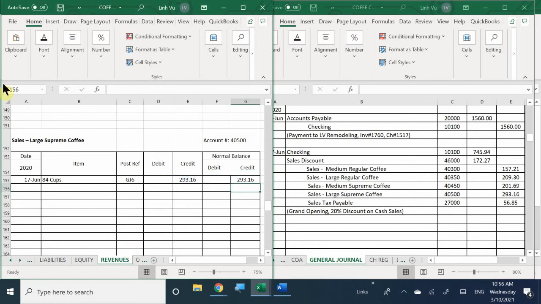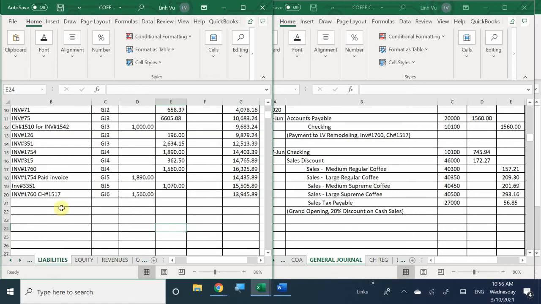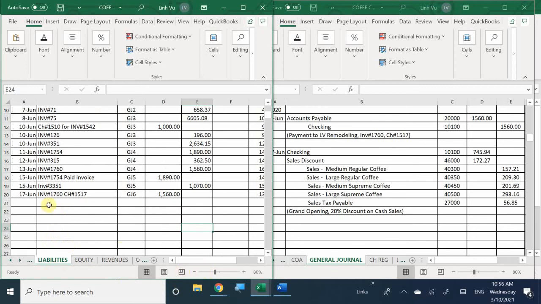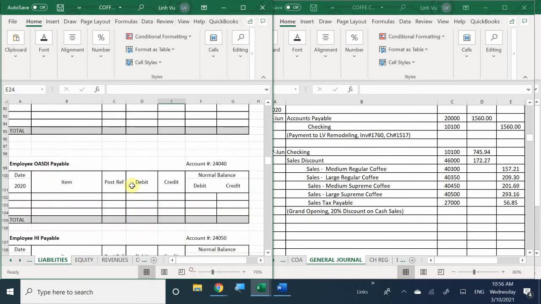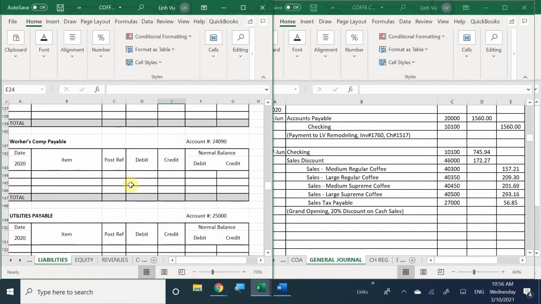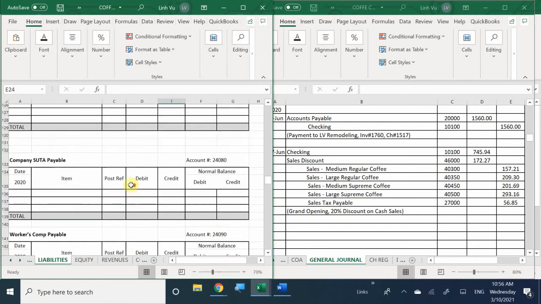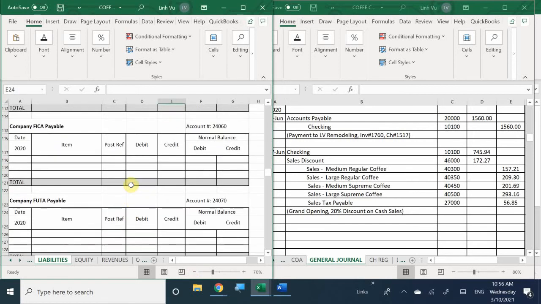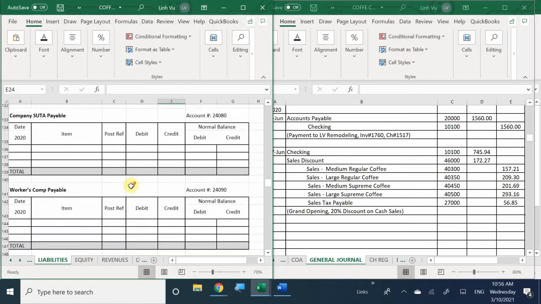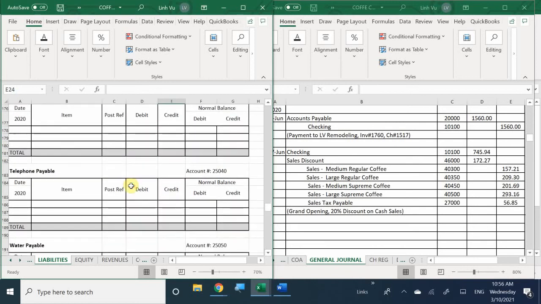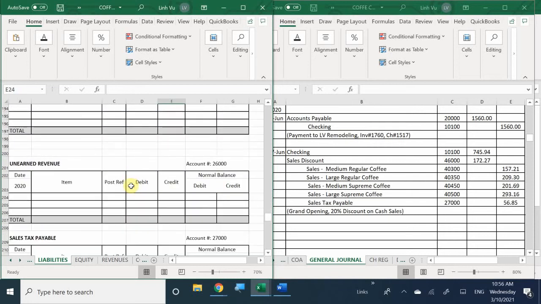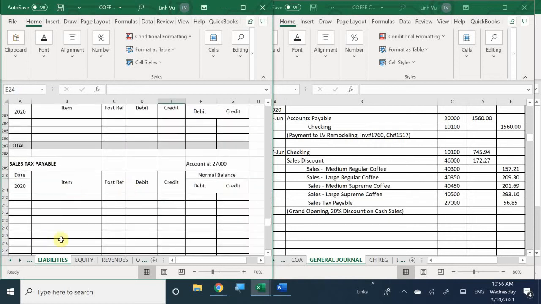Okay. Last but not least, we have a sales tax payable, which is under your liabilities. Okay. So I'm going to scroll all the way down. Okay, here we go. Sales tax payable.